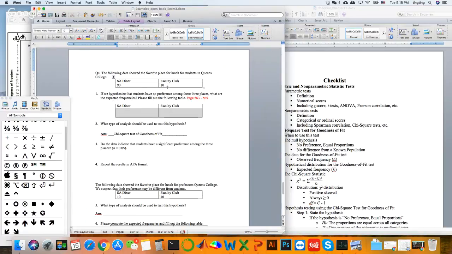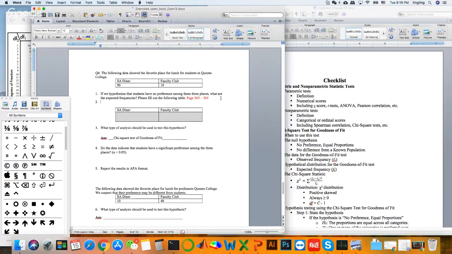Because we just have two categories, C equals 2, right? So the null hypothesis here, our prediction is no preference. No preference means equal proportion. The null hypothesis should be P1 equals P2 equals 1 over 2, which is 50%, right?